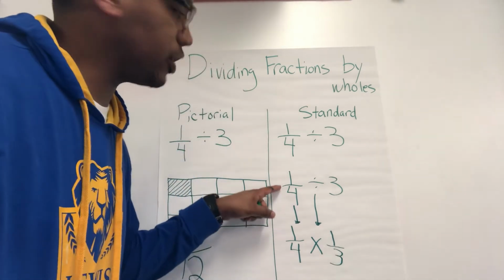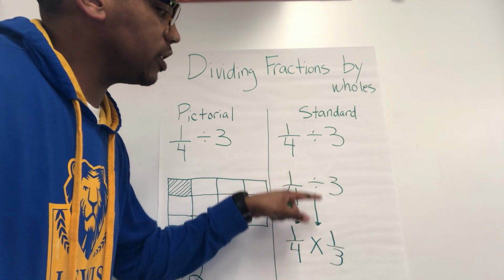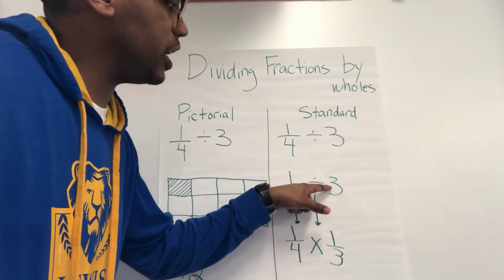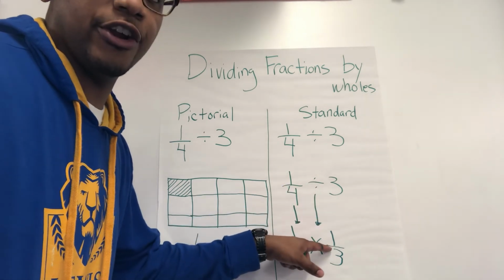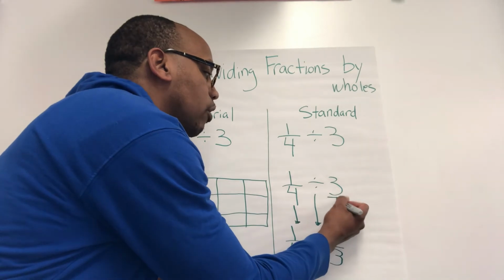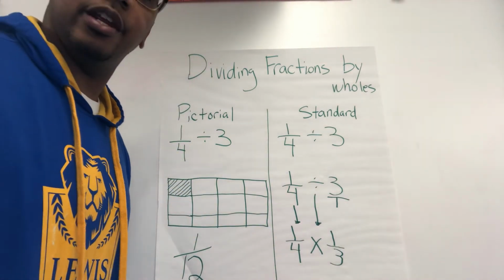Again, keep the total the same, change division to multiplication, and flip 3 wholes into 1/3, because 3 wholes is the same thing as 3/1. So when I flipped it, it becomes 1/3.